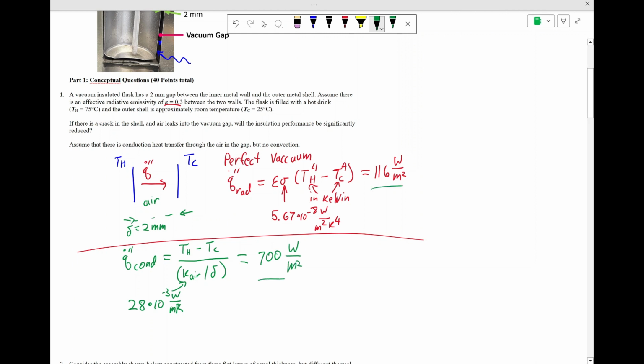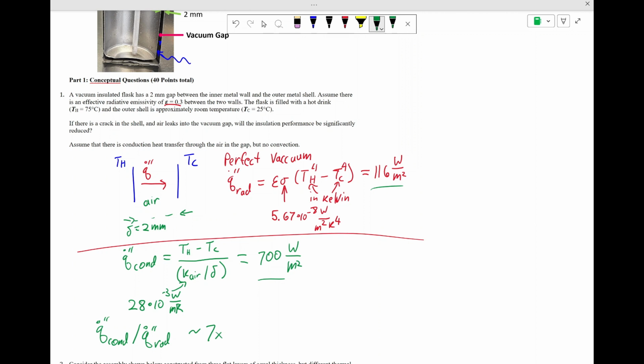So if we look at these two, we could observe that the conduction heat flux compared to just the radiation heat flux is on the order of 7-fold.